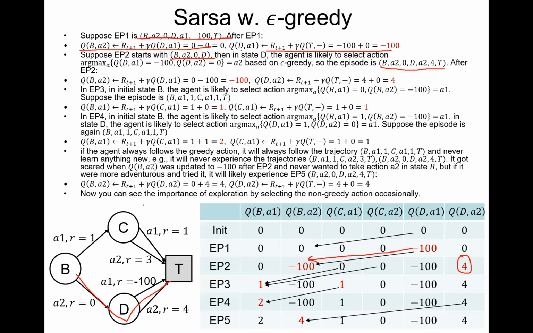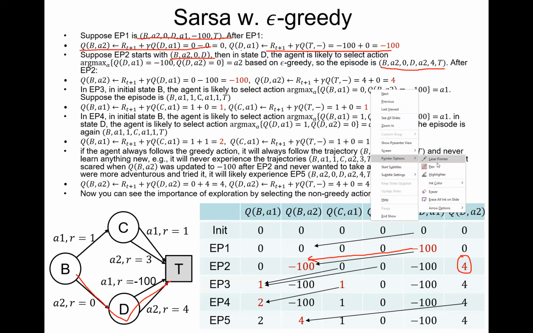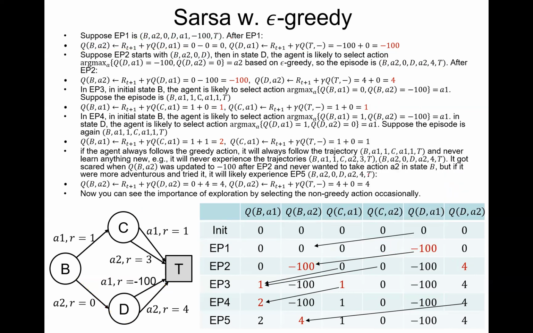So in episode 3, you again start from the initial state B. And now in B, you have 2 actions and 2 Q values.